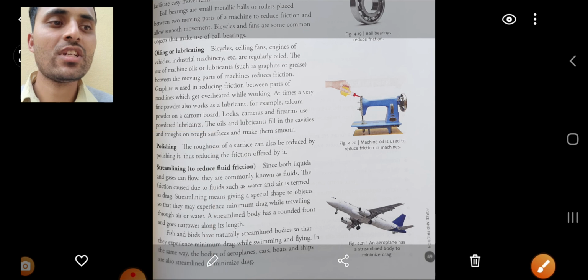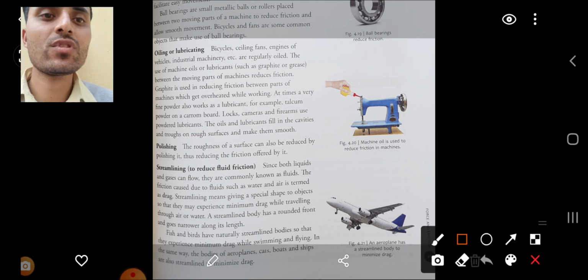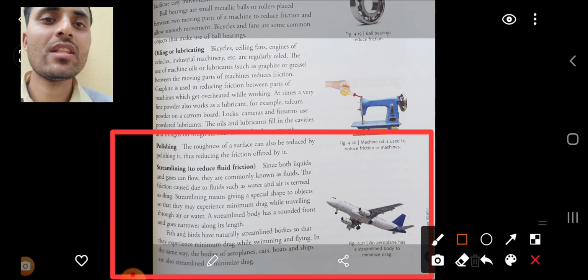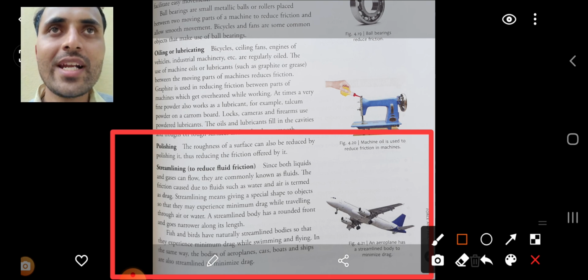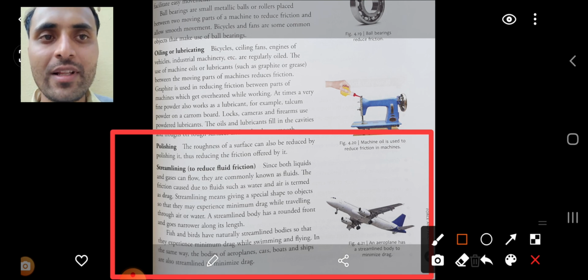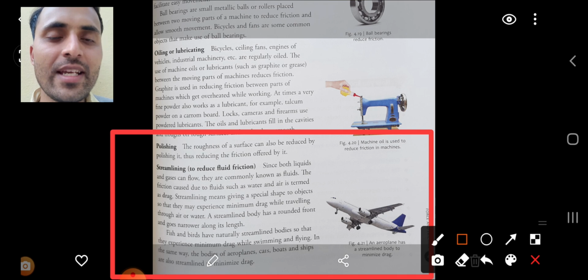Streamlining is mostly used in aeroplanes, because if the aeroplanes are flying at high altitudes, there is more resistance. There is fluid friction offered by the fuel of the aeroplane, and the second resistance is air resistance.